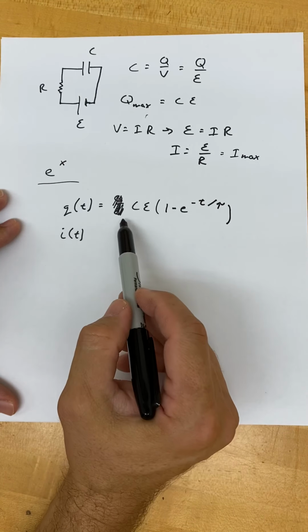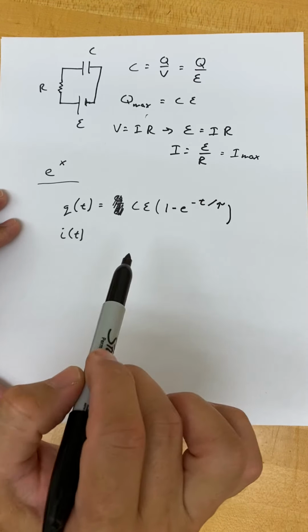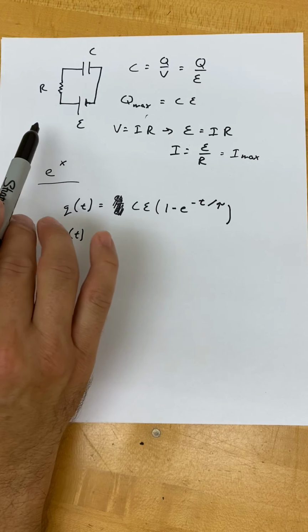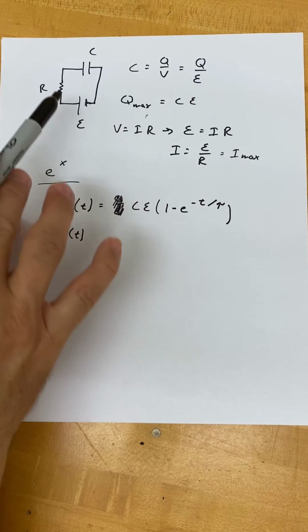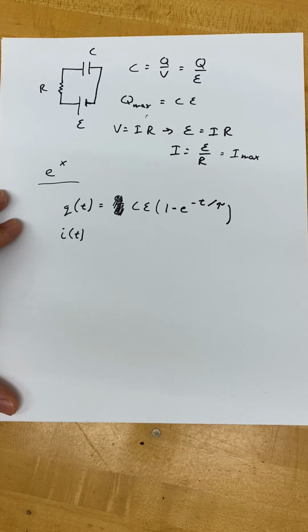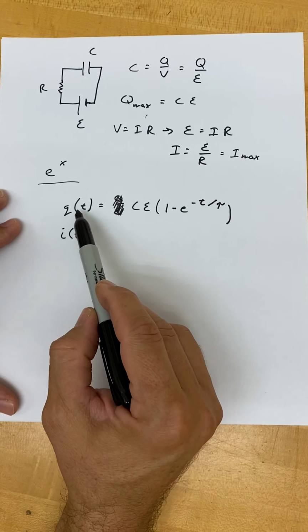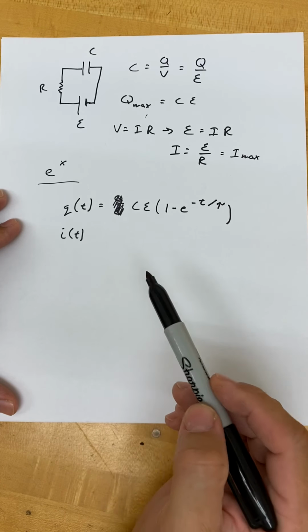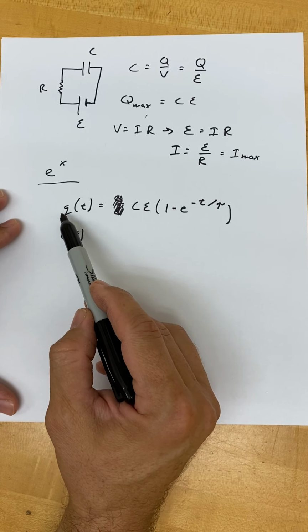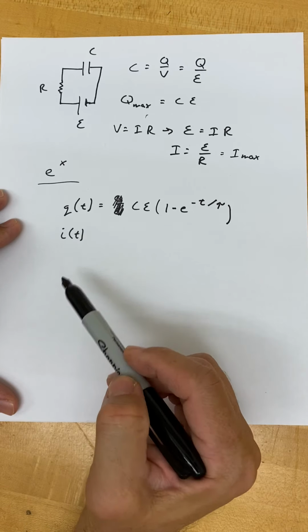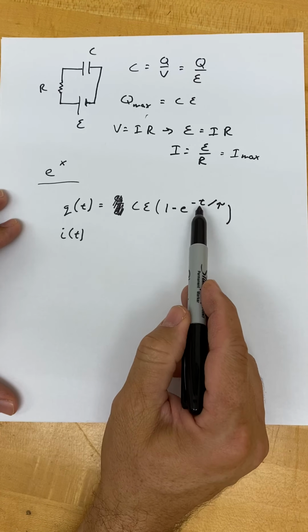And we're going to talk about what that tau is. But first, let's see if this matches up with what we know of the charging process. I know that it starts off at 0 charge on the capacitor if I'm charging it. And it ends at CE. So what happens at t equal to 0, right? That's when it starts off. So if I look for the charge at t equal to 0, right when I flip the switch, here's where I plug in t.